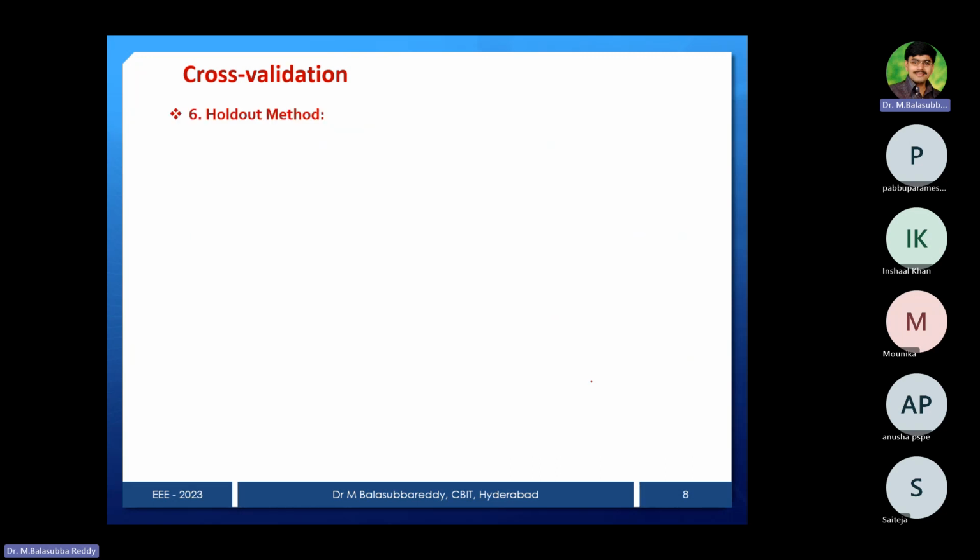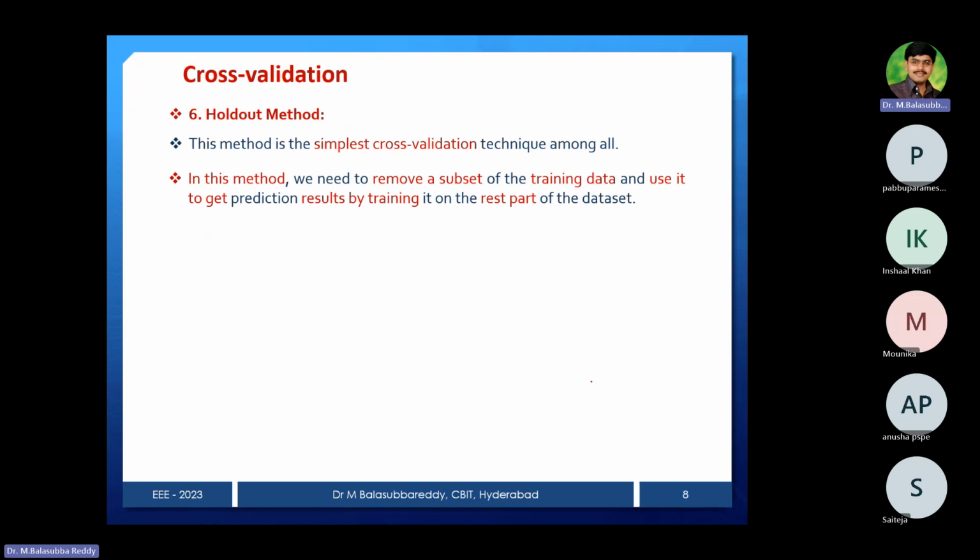The last one is the holdout method, the simplest cross validation technique among all. In this method, we remove a subset of the training data and use it to get prediction results by training on the rest of the data set. The error that occurs in this process tells how well our model will perform on an unknown data set.